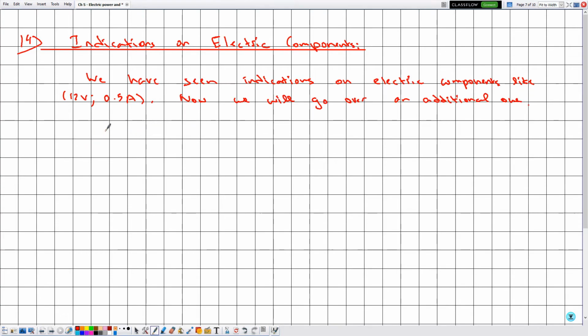So let's consider the following example. Given a lamp L with the following indications. So let me write the indications here.